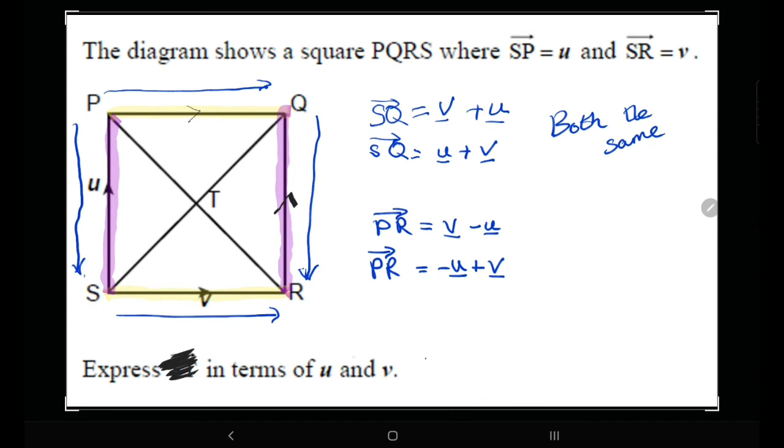You're still making that journey from P to R. So those are the basic ideas. You follow the lines you know around your shape to take you from the point you started to the point you finished.